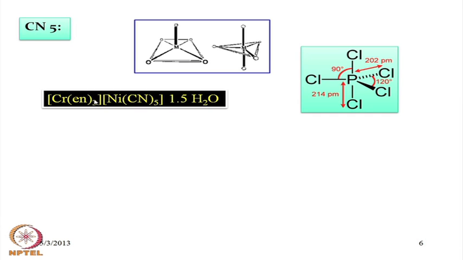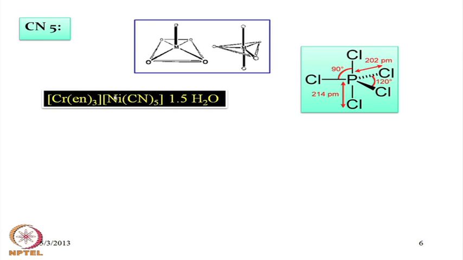We can have a typical example, which we all know, where the cation is a complex species as well as the anion. Here the cation, which surrounds the chromium center by 3 ethylene diamine molecules, is basically the octahedral one, and that we will discuss very soon after coordination number of 5.